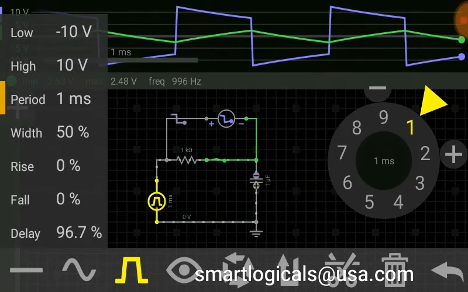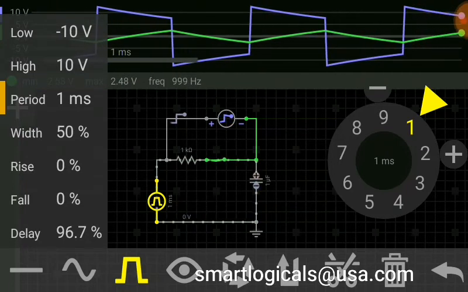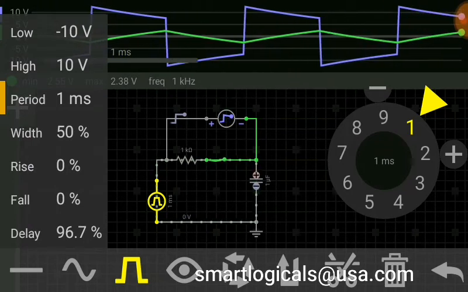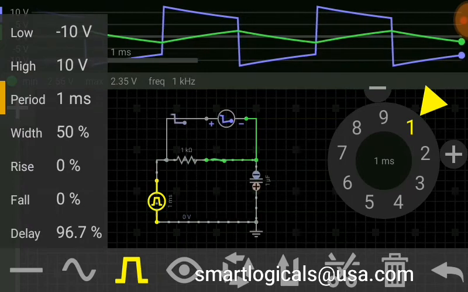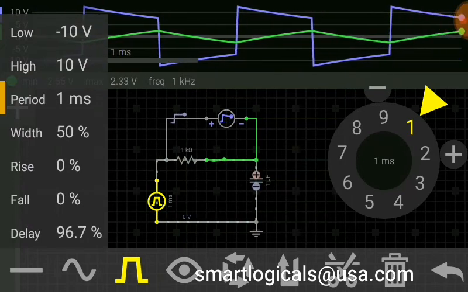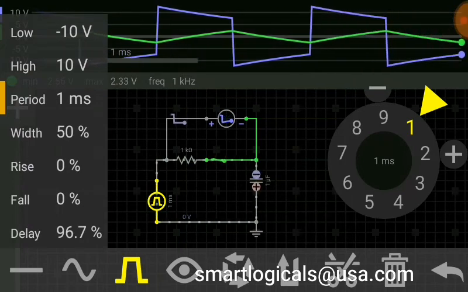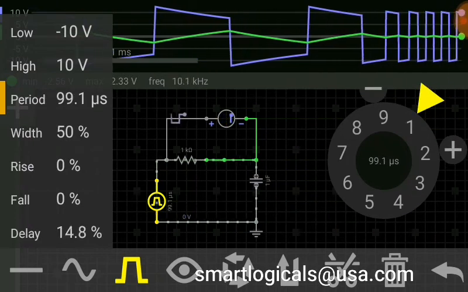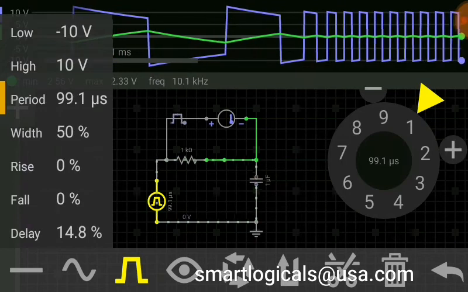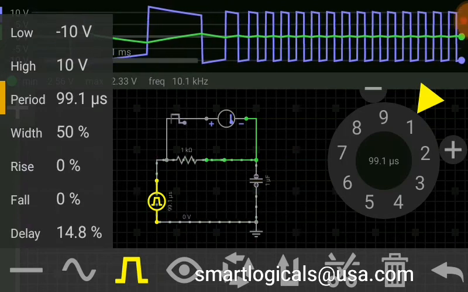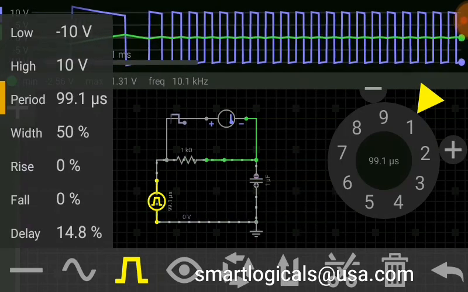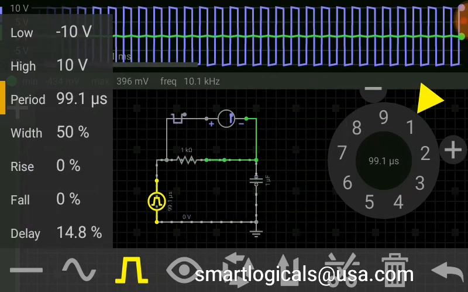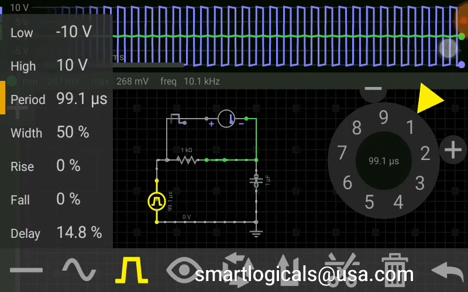And whenever the time period is far smaller than the time constant, then observe that. In this case, the time constant is far greater than the time period of the applied input voltage.